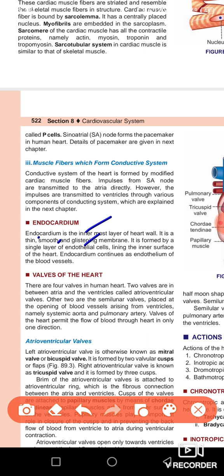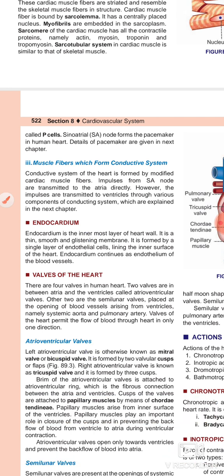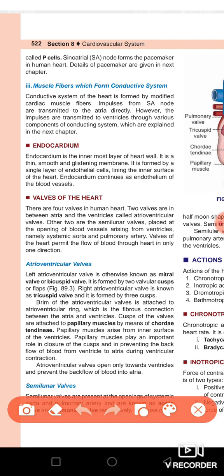So after discussing the definition, the location, the chambers, the septa and the layering of your heart, now we are going to discuss the valves of your heart, and what kind of valves are present. Our heart is composed of four valves. The first two valves, which I have explained, are between the atria and the ventricles, so they are called atrioventricular valves.